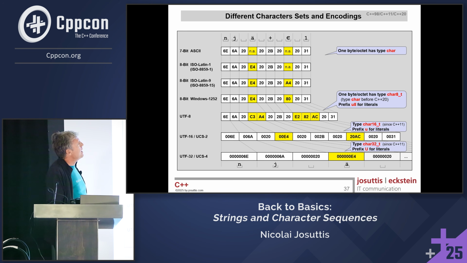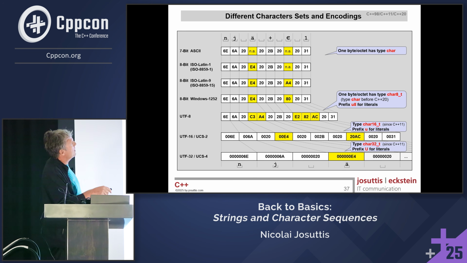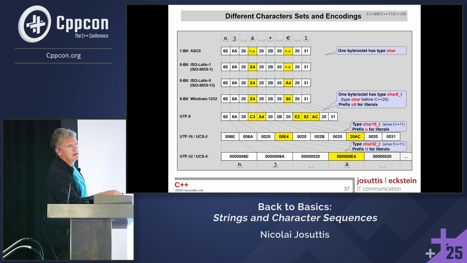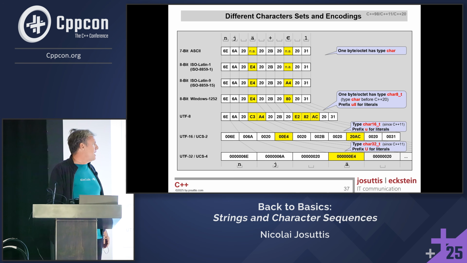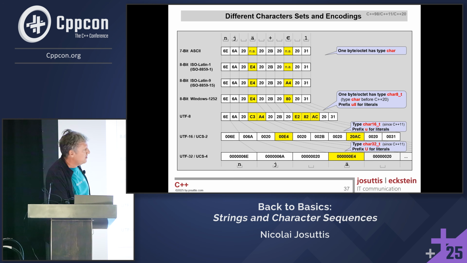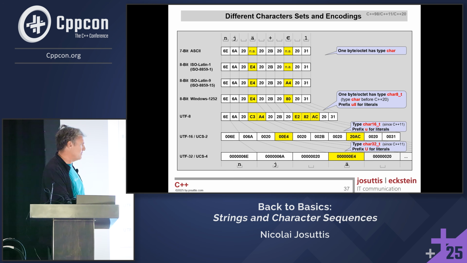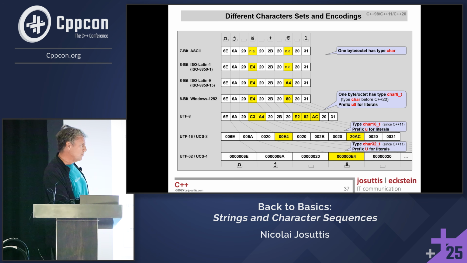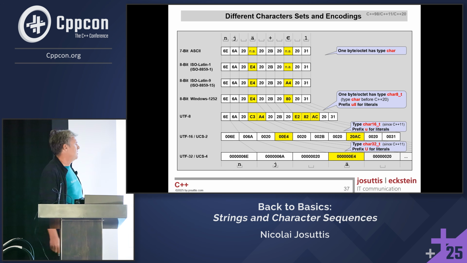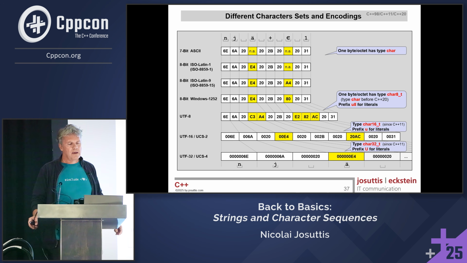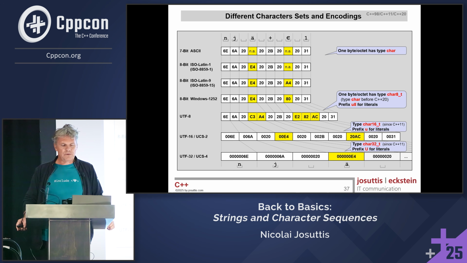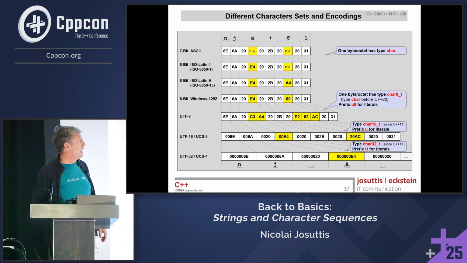Okay, so we have different types. We have bytes, char, which work in the first approaches. Then we have char16_t since C++11 for 2-byte characters, char32_t since C++11 for 4-byte characters. And then we have a few other interesting things. One is UTF-8.